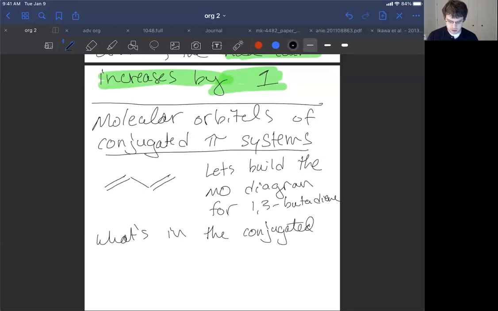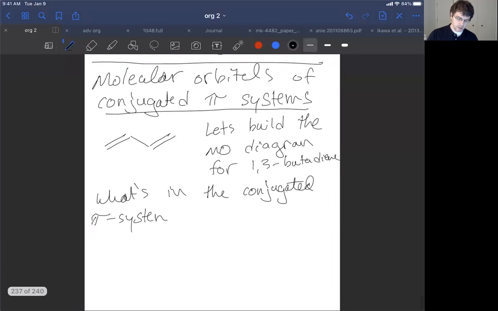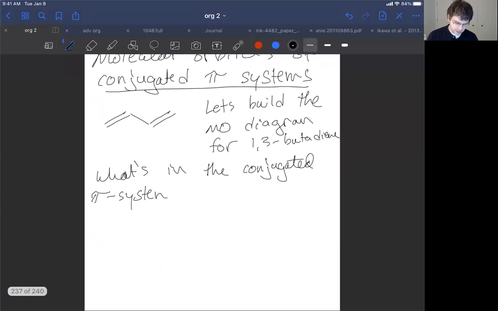And from a previous lecture, we know that the conjugated pi system involves everything that is part of this double, single pattern within the molecule. Okay, that is to say, we have in the pi system 1, 2, 3, 4 atoms.